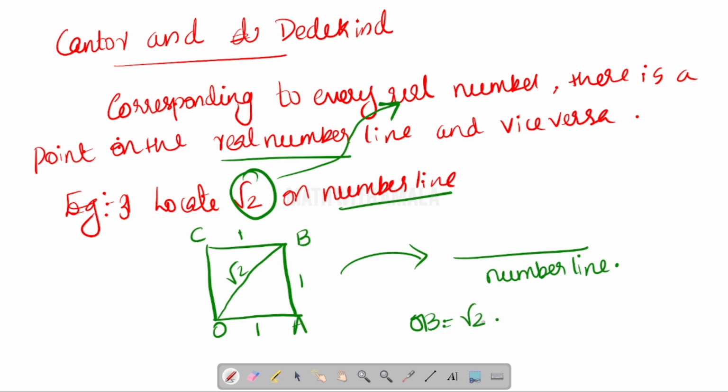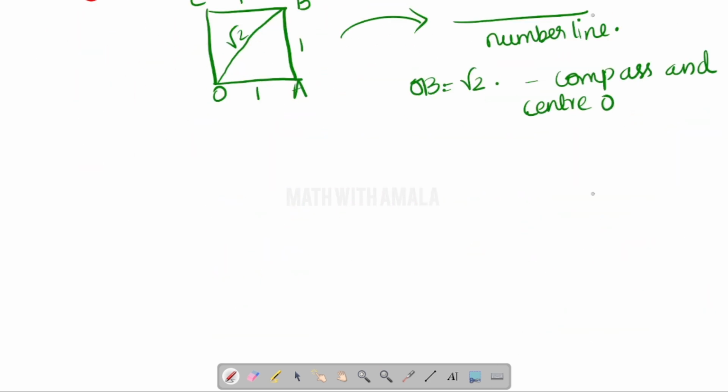So between 1 and 2 you can place the value root 2. For that, let's take OB equal to root 2 and take a compass and mark the center as O, with its nib on O and OB as the radius.